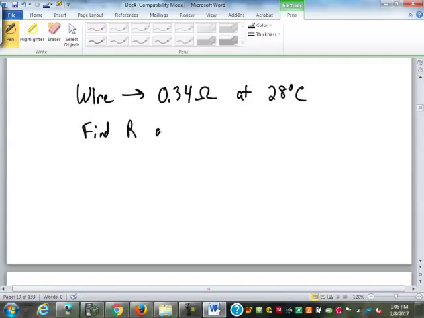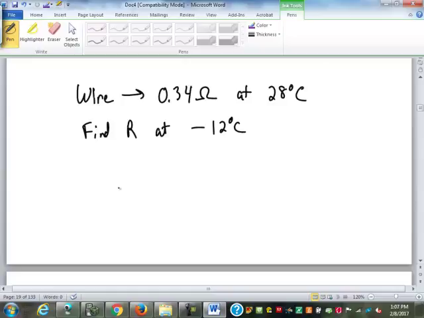Find the resistance at negative 12 degrees Celsius. When it gets colder, do you think resistance goes up or down? It would make sense that it would go up. Actually, for most materials, it goes down slightly.